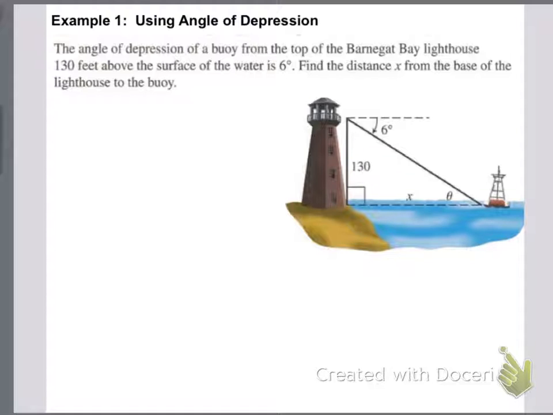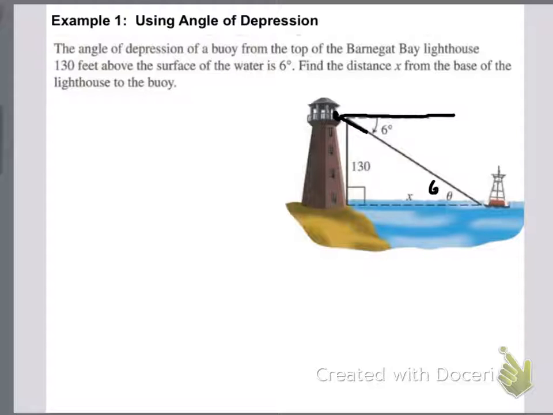As you can see, they have a picture drawn for you, and they have a right triangle, and theta is down here. But we know the angle of depression, so if you were standing up here, this would be your sight line out, and this would be your sight line looking down at the buoy, is 6 degrees. Well, we just said that the angle of depression and the angle of elevation are congruent because they're alternate interior.